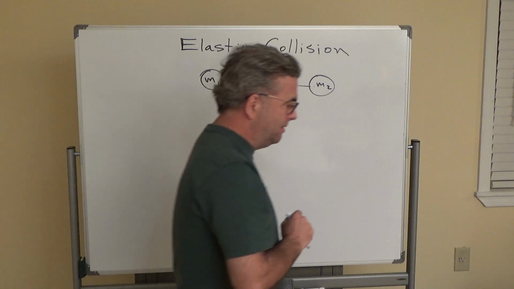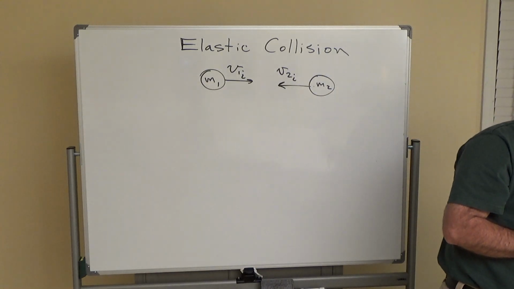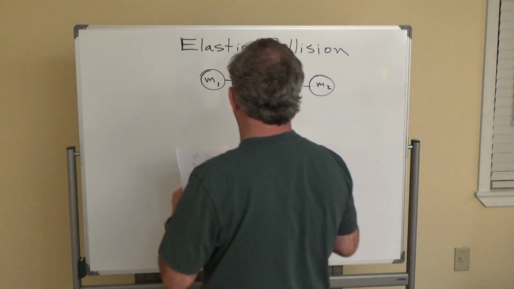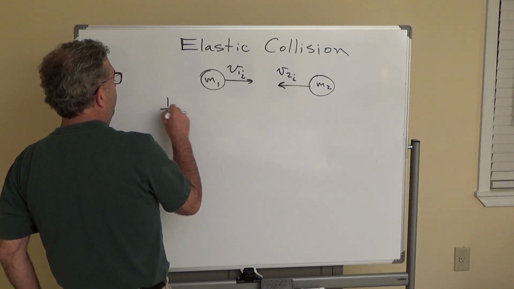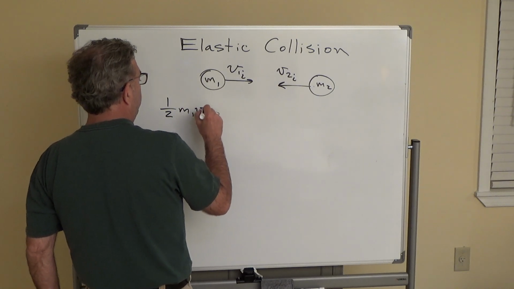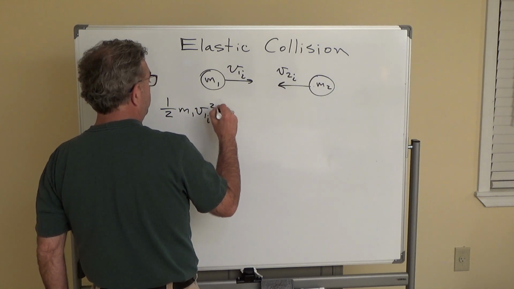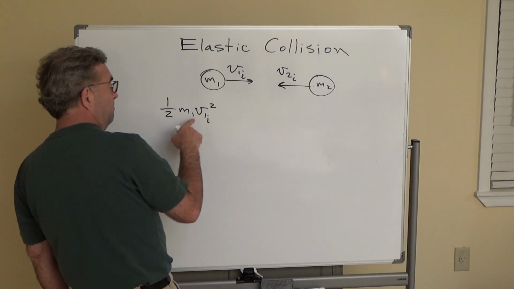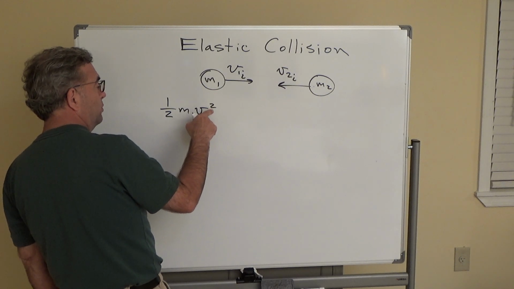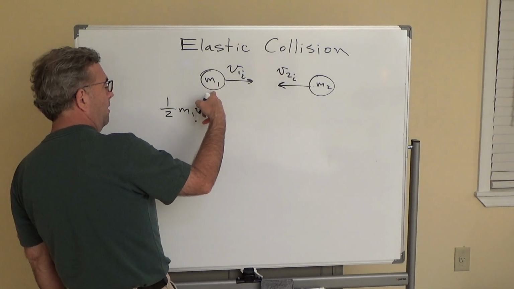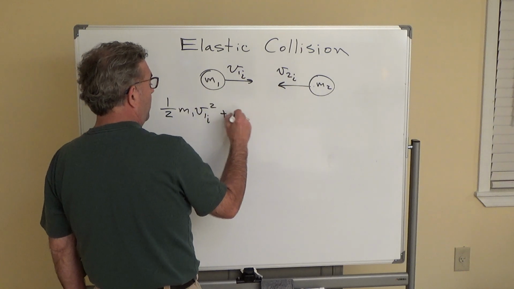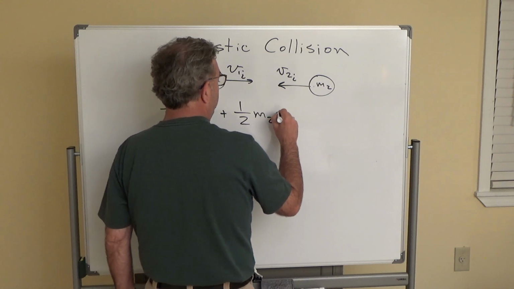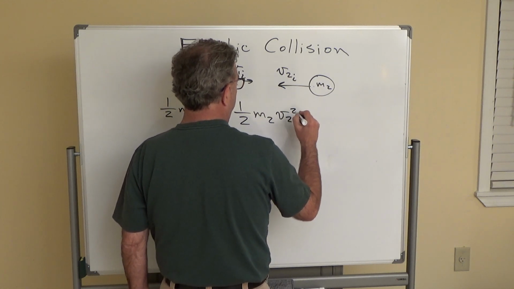But we know that kinetic energy is conserved, so I'll write that down. You have 1/2 M1 V1 initial squared, that's the kinetic energy of M1, plus 1/2 M2 V2 initial squared.